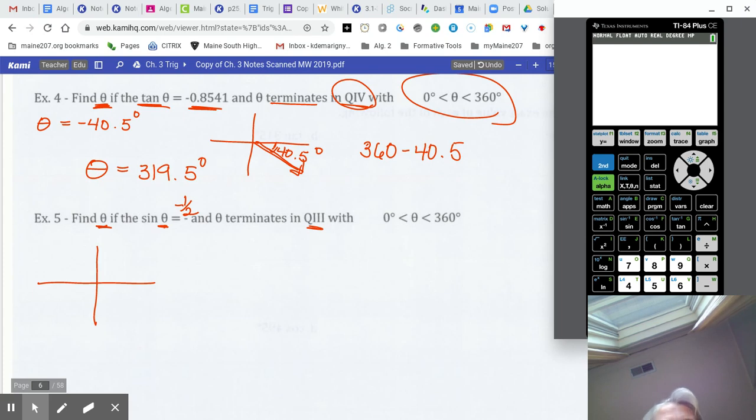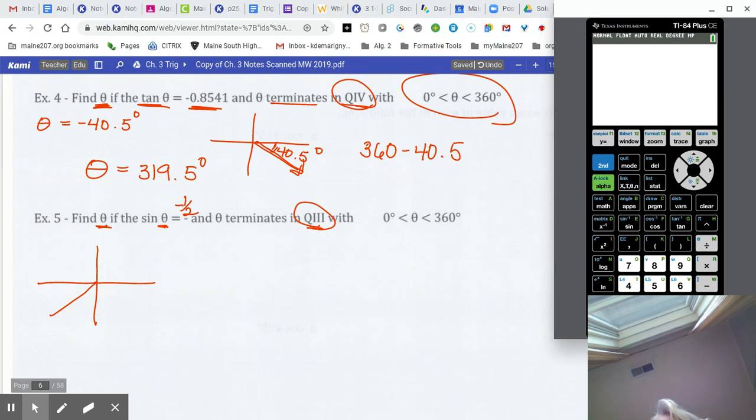I know that I'm going to end in quadrant 3, so I'm over here. And I know that I should have quadrant 3. So if I have a half and I'm sitting in quadrant 3, it looks like I should have a 60-degree angle that I'm using. So if I'm using a 60-degree angle, I need the 1/2. I'm sorry, that's not true.